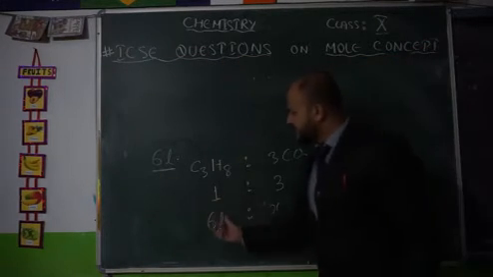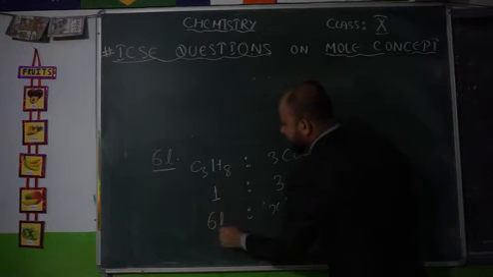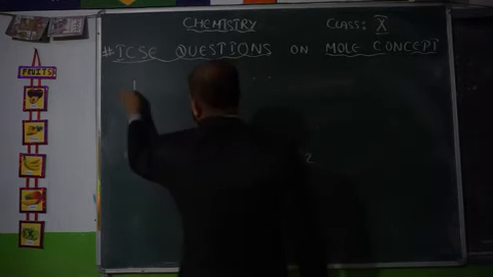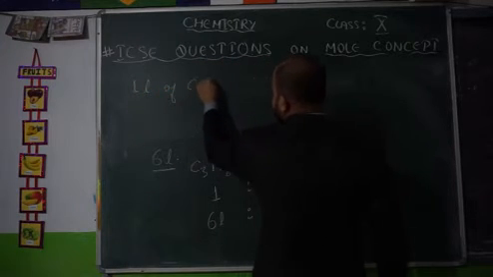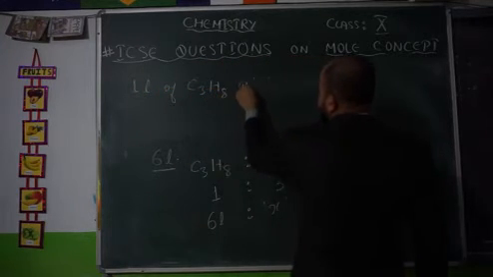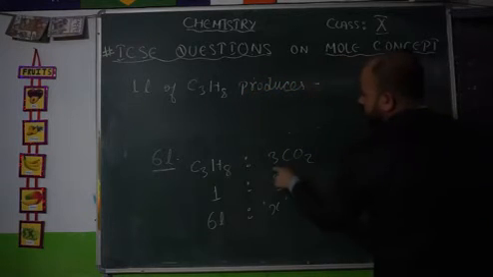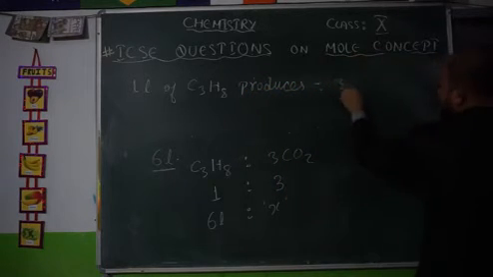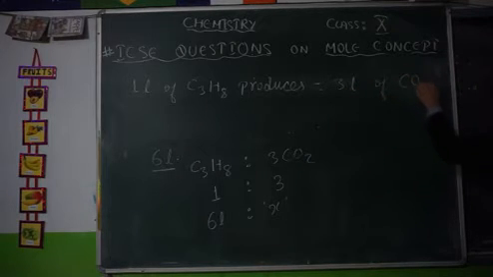So here, on this side, both the informations are known. So let's begin by writing from this side. So 1 liter of propane produces, what is the ratio, 3 liters of carbon dioxide.